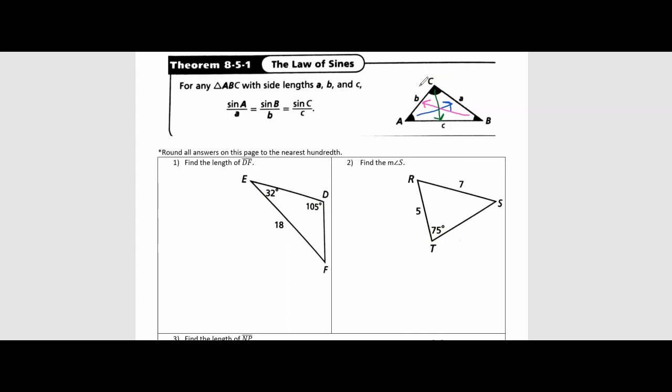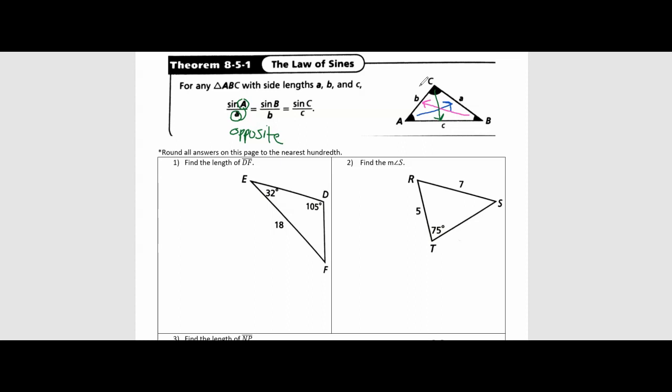It doesn't matter what letters you use, as long as you realize that this angle and this side are opposites. The angle is going to be opposite that side and vice versa.